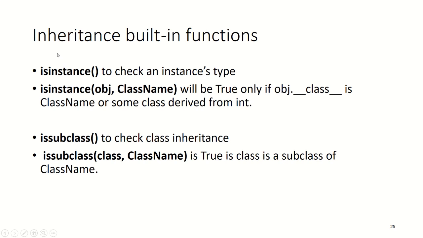So car is actually an object of the vehicle, right? Then you can check whether it is an instance of. So isinstance will help you identify whether it is actually an object of the base class. Then isinstance can also have some parameters associated with it, and there is something called issubclass to check the class inheritance itself. Okay.